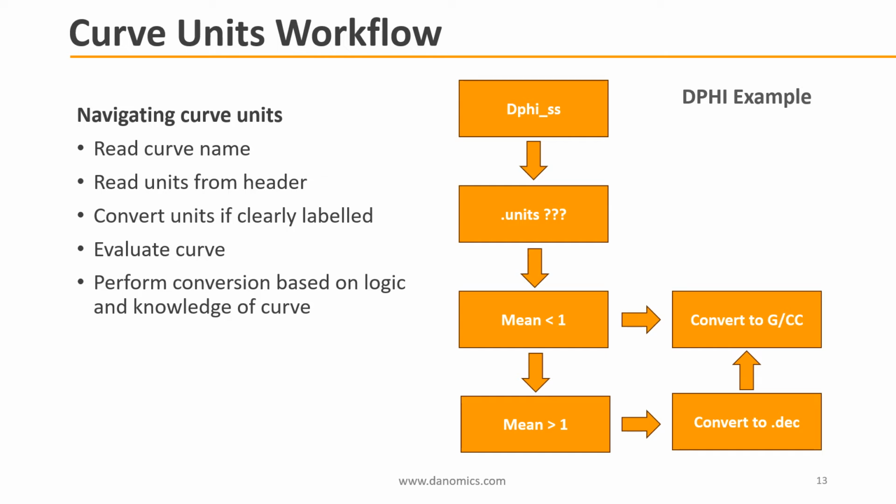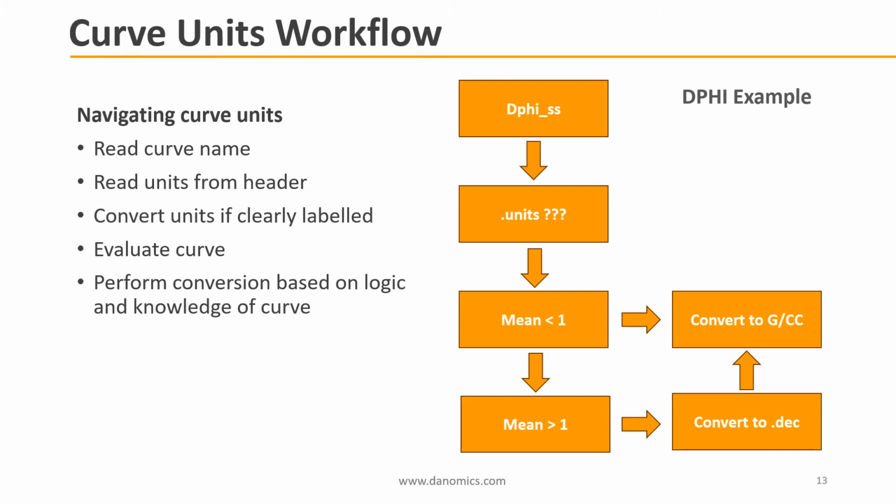So we start off, we have our density porosity curve, which we can tell from D-phi, and then the underscore SS tells us that this was measured in sandstone units, or a sandstone lithological reference. The units on this may be percent or decimal, so we need to evaluate that and convert to decimal if we need to. Let's say those units were already in decimal, and we come down here. Now when we look at this, if we see the mean is less than 1, that probably tells us, hey, yes, that actually is in decimal.